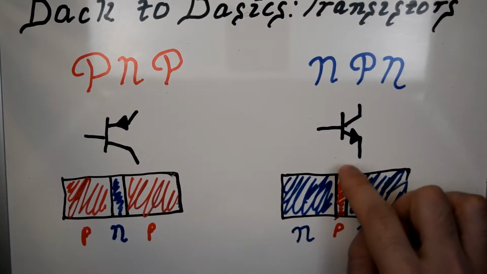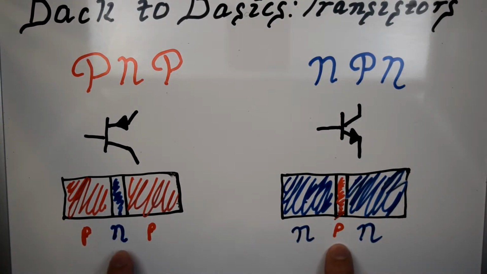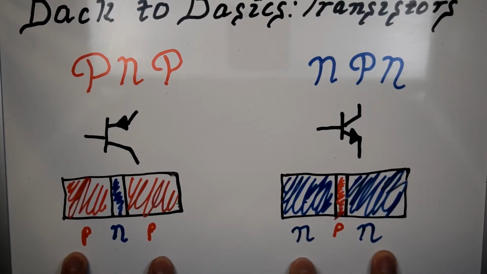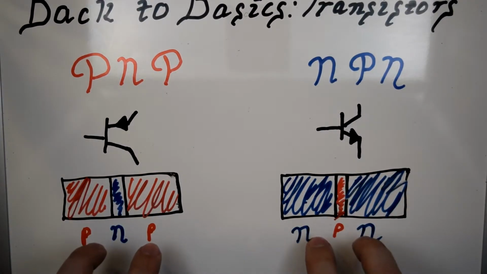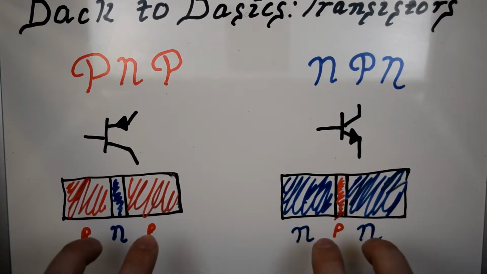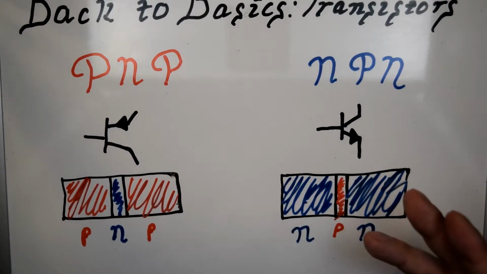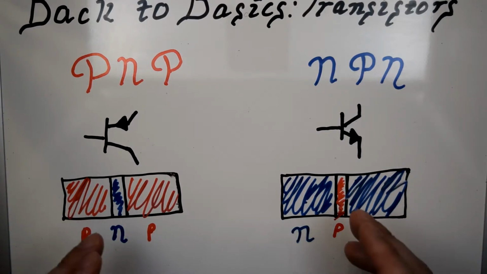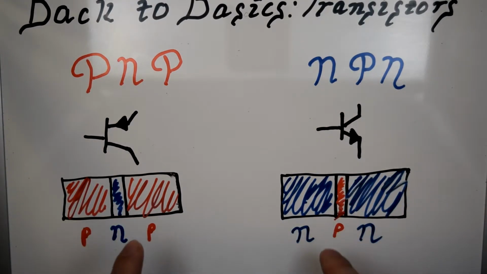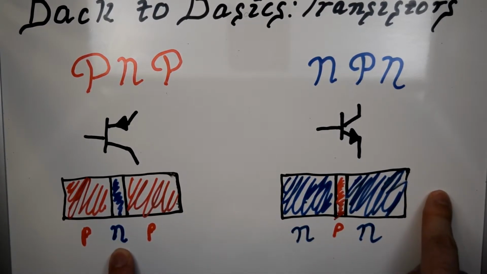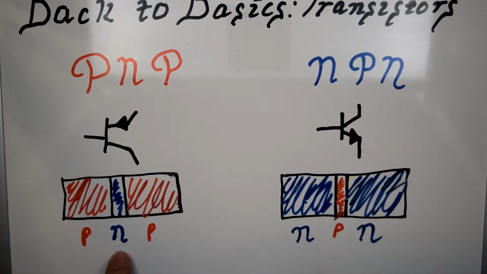But because of the existence of the N or P material in the center, it creates a region where current can't flow in either direction. It doesn't matter which way you bias it, current isn't going to flow. So in order to get current to flow through a transistor, you're going to need to induce a small amount of current in the base of the transistor, and then current will start flowing from the collector to the emitter.